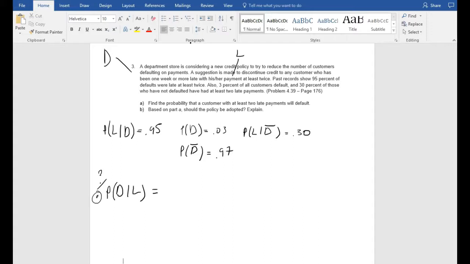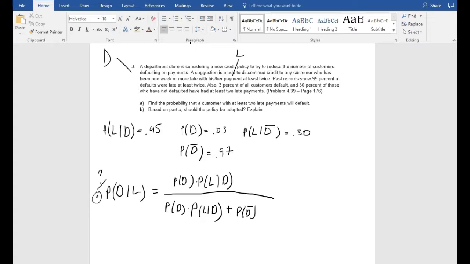Bayes' theorem, if we apply D and L to it, is going to give us the probability of D times the probability of L given D, all over the probability of D times the probability of L given D, the exact same thing, plus the other state of nature and its likelihood, which would be the probability of not D times the probability of L given not D.